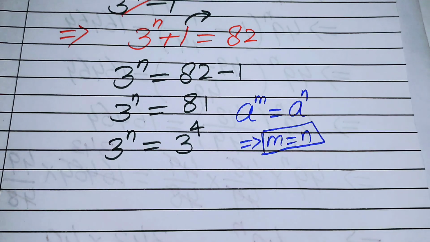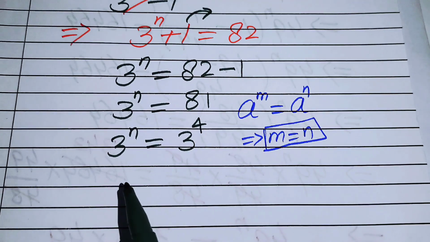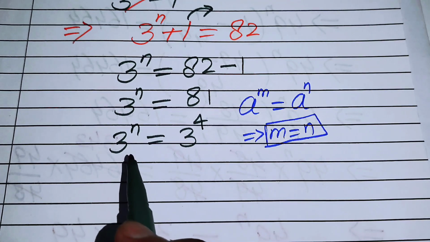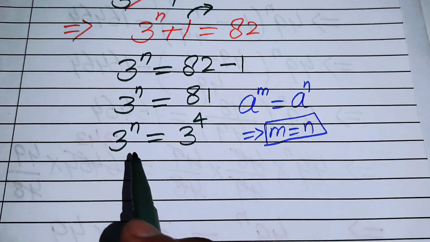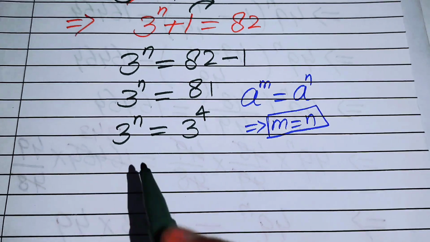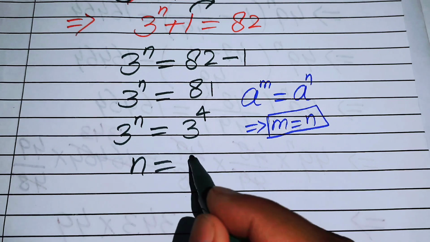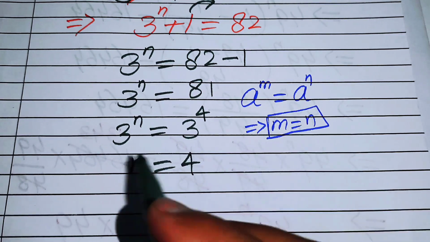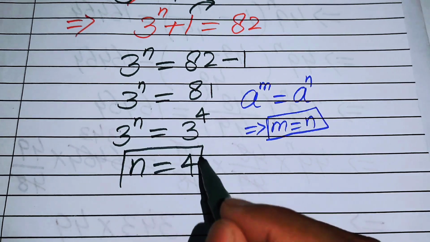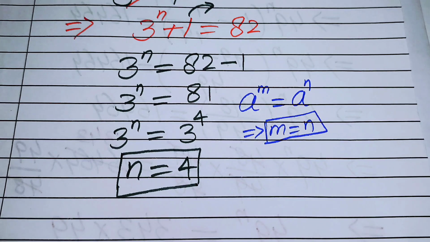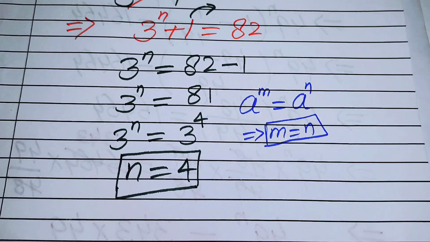So if the bases on both of the sides are the same, then their exponents are equal to each other, so when you compare both of the sides, you will get the value of n is equal to 4 according to this exponential law. So n equal to 4 is the only solution of the given question, and this is our final answer.